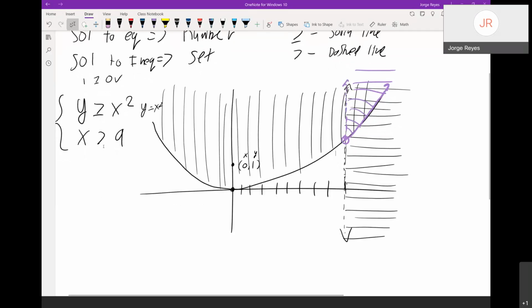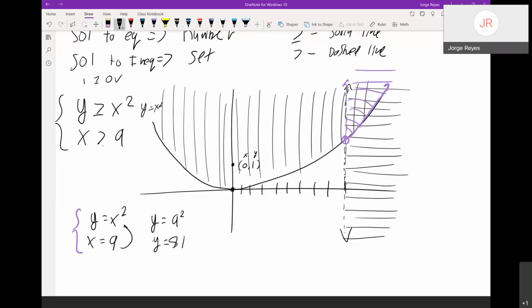So you want to solve the regular system, the nonlinear system from last section: y equals x squared, x equals 9. This is easy to solve: y equals 81.